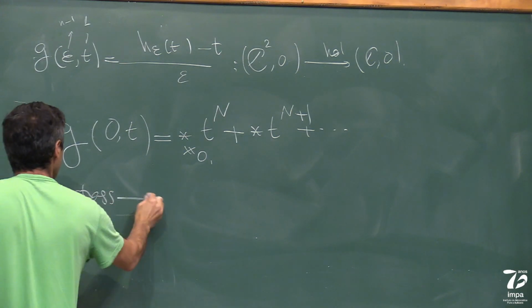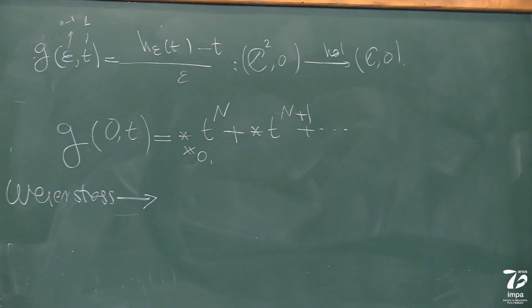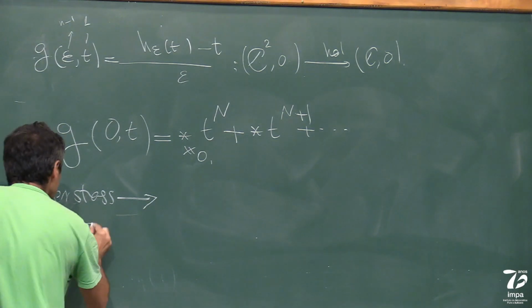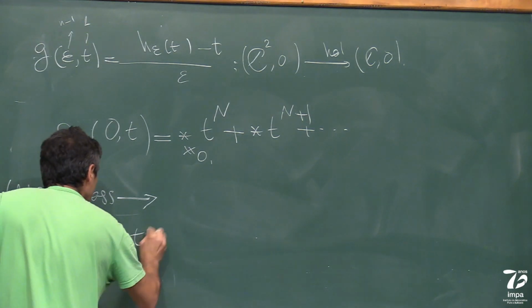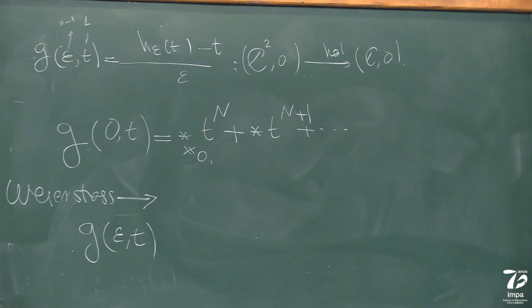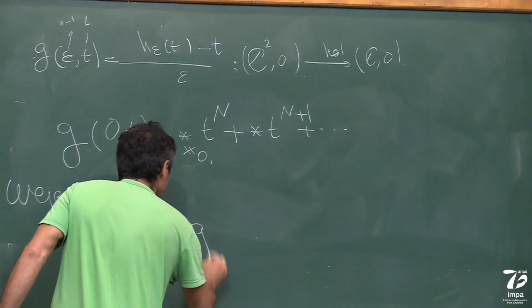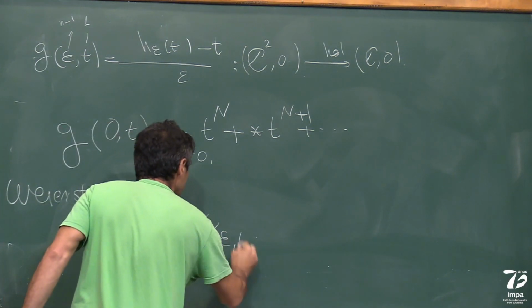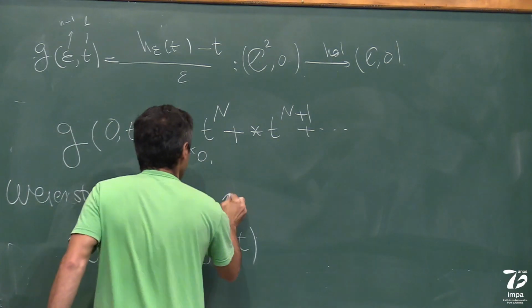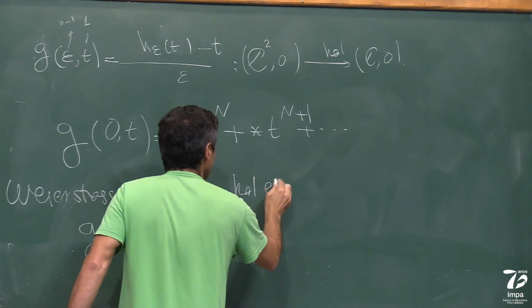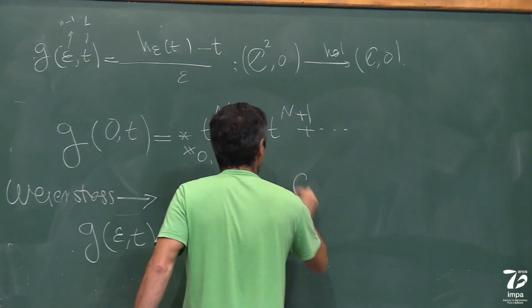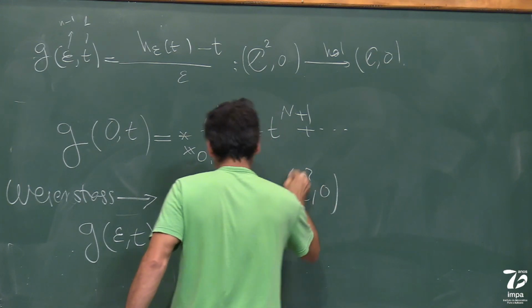What will the Weierstrass theorem give? It will give you g epsilon t. You can write it as g tilde epsilon t. This is holomorphic in C2 near 0.